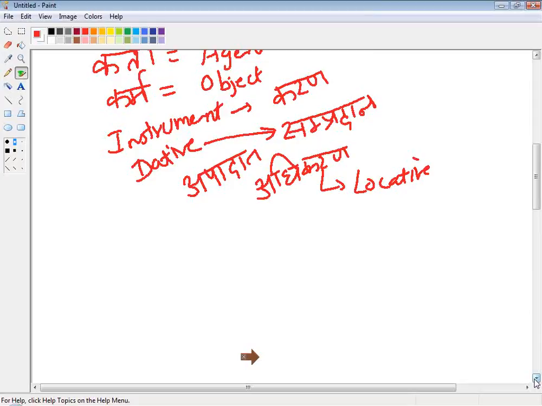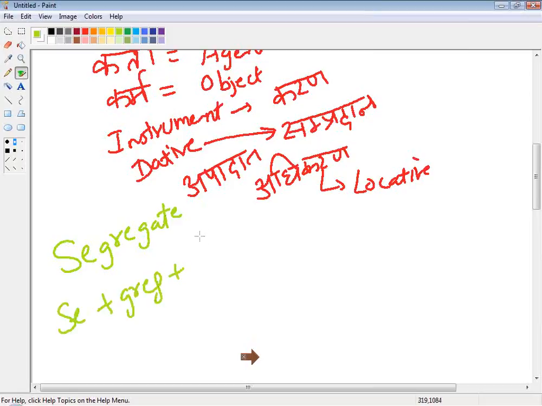Suppose you take a word like segregate. What does the word segregate consist of? S-E-G-R-E-G-A-T-E. It consists of se plus greg plus ate. I'm just showing you how Sanskrit will fit in very nicely.